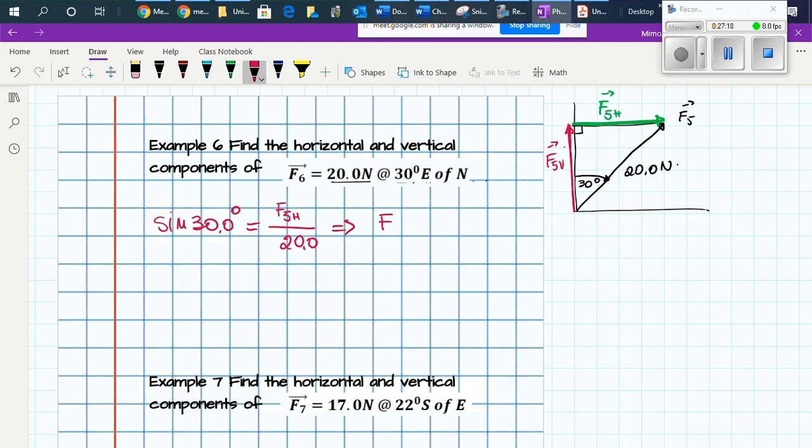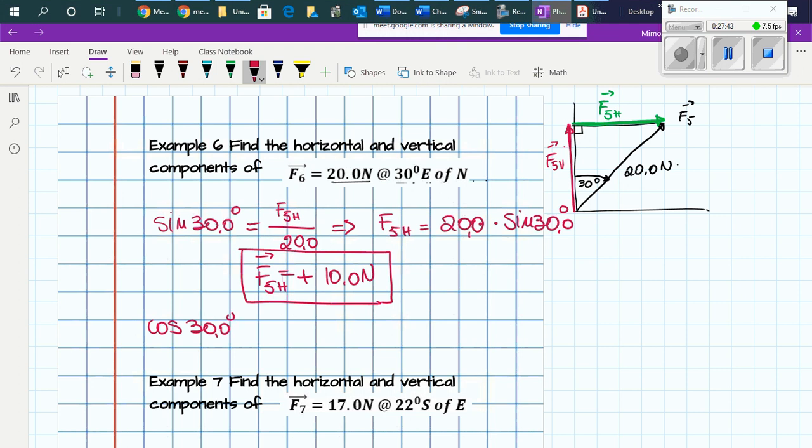So from here, the horizontal will be 20 times sine 30. So as a vector will be positive 10. And the other one will be cosine. If one is sine, then the other one is cosine 30 equals the vertical over 20.